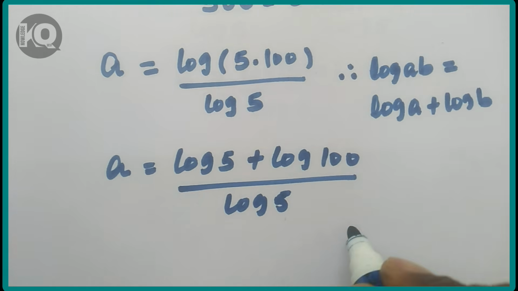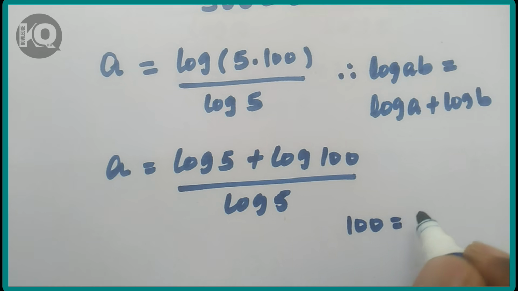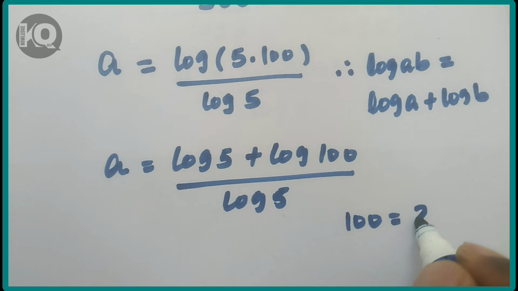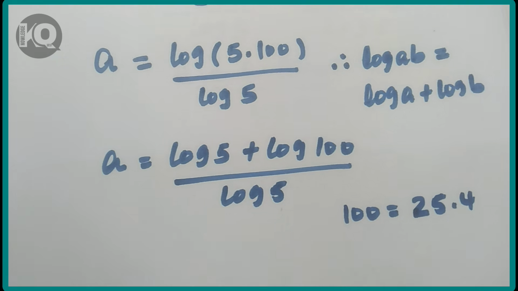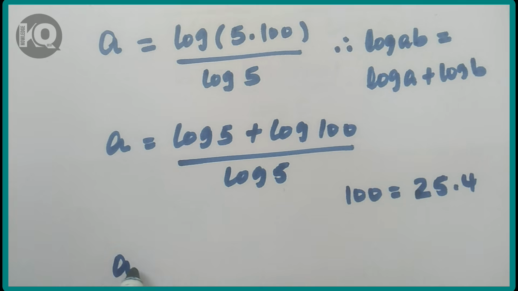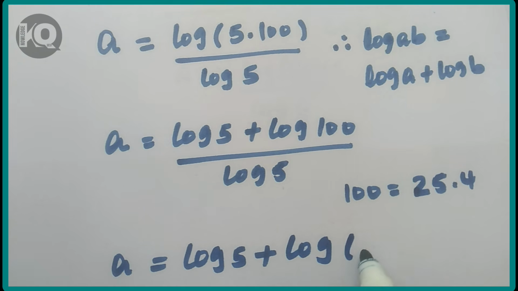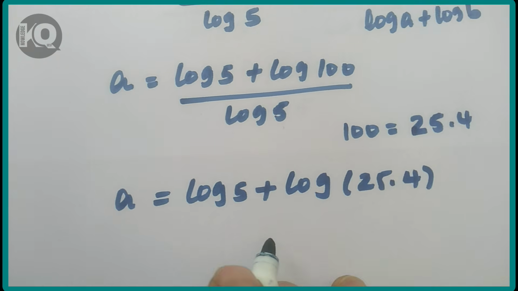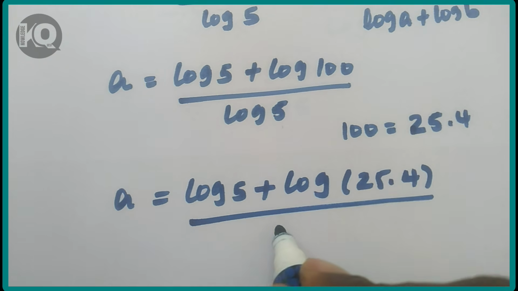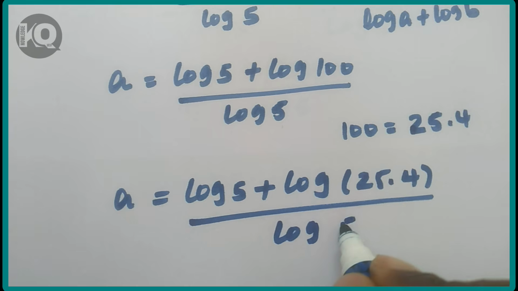And this 100 can be written as 25 times 4. So a is equal to log of 5 plus log of 25 times 4 divided by log of 5.